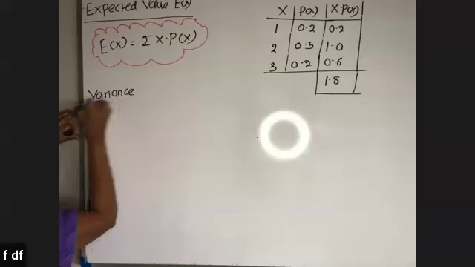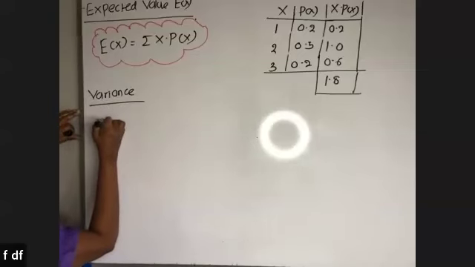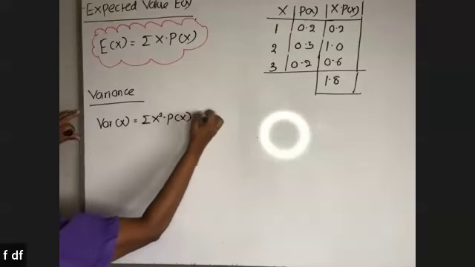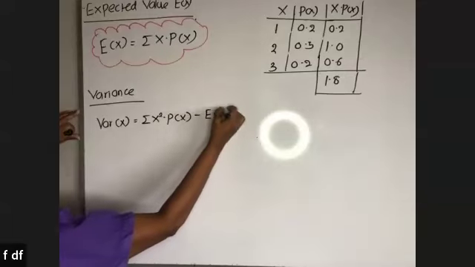What is your variance? It has a formula: sigma x square into p(x) minus the square of the mean. That's my variance formula.